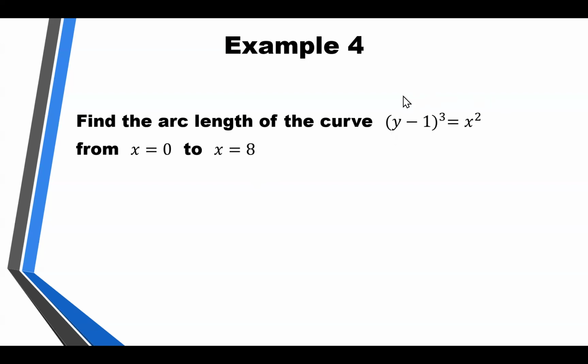So this equation can be solved either for x or for y. And therefore, I can use either the arc length formula when I'm integrating with respect to x, or the arc length formula when I'm integrating with respect to y. Either way is perfectly fine. I'll do both ways.